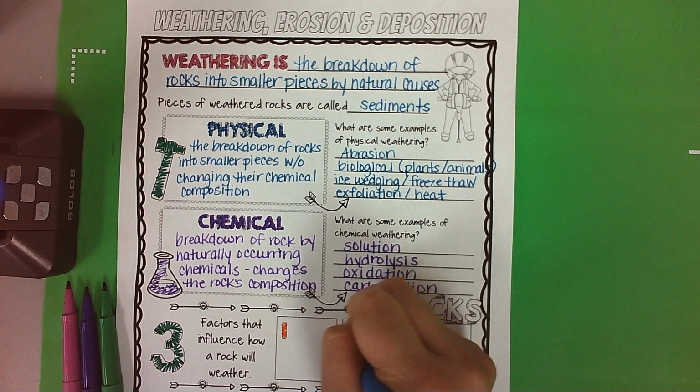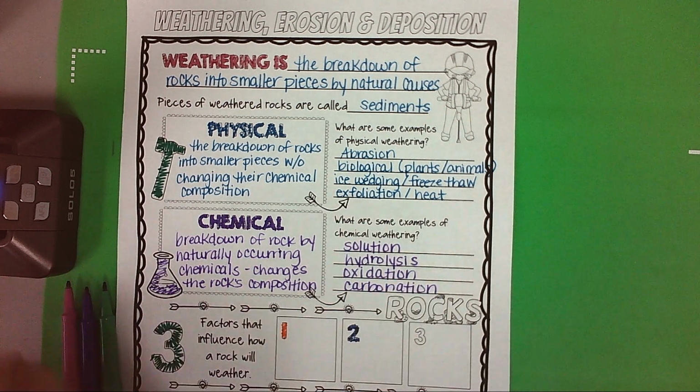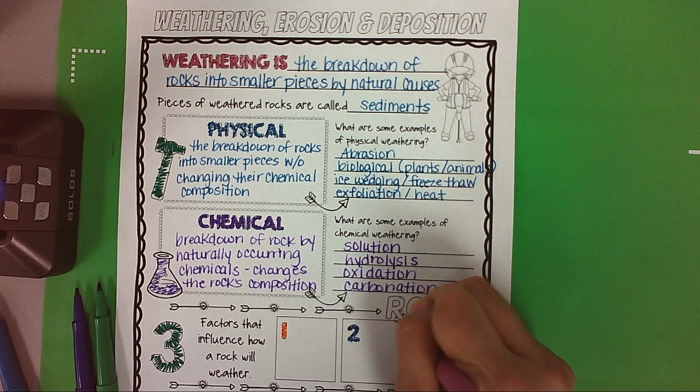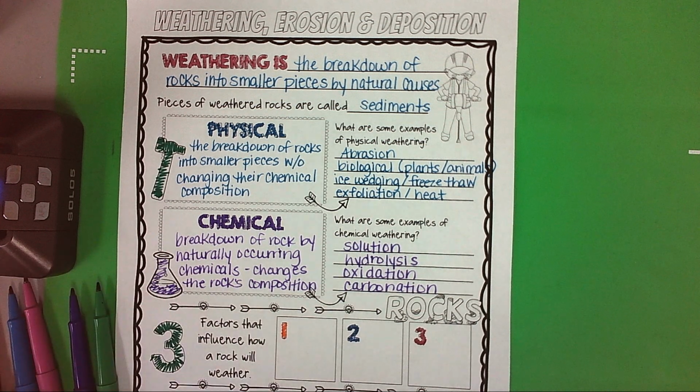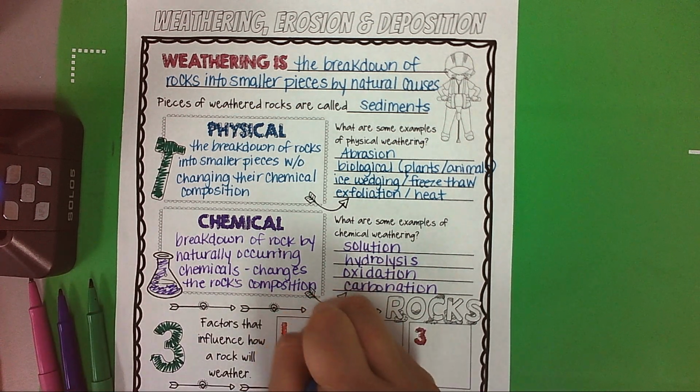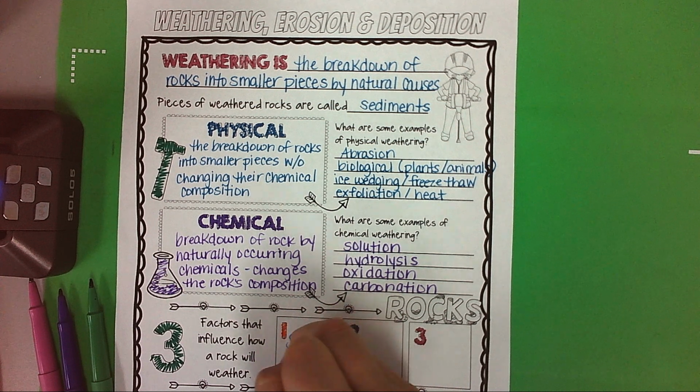Remember, you can make your notes fun, coloring in all the different spots. Alright, so let's look at the first thing, surface area. How much surface is there of the rock?